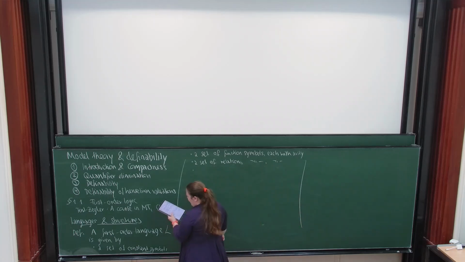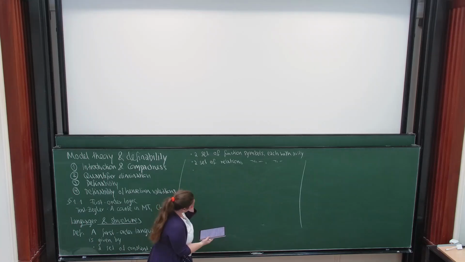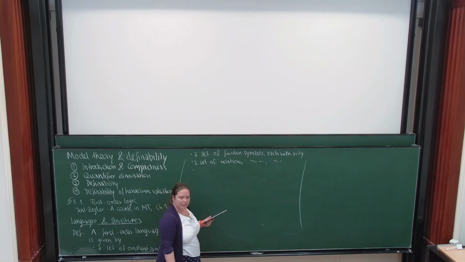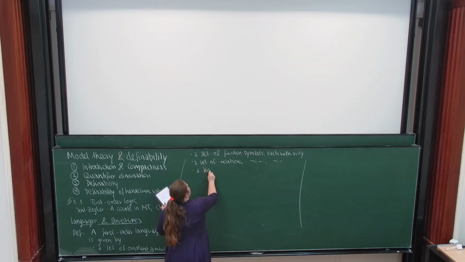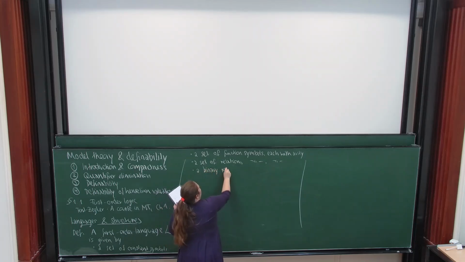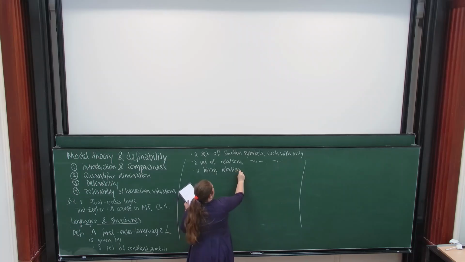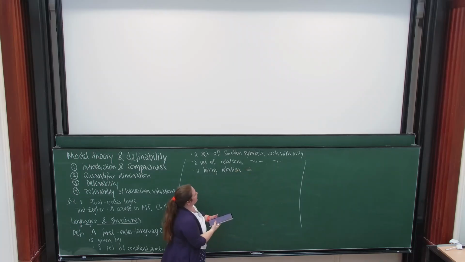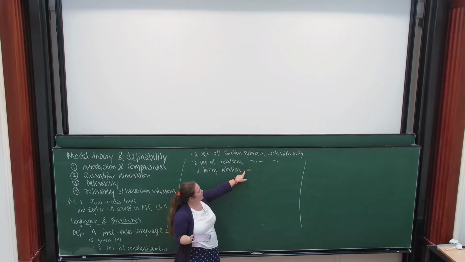And then, for me, I put this into the formal definition of a language: the so-called logical symbols, which are in every language, namely a binary relation, equality. At least at the beginning, in order to differentiate the equality in the formula or in the language from the usual meta-mathematical equality, I write a dot over it.